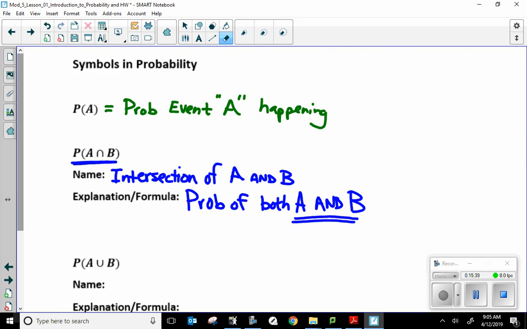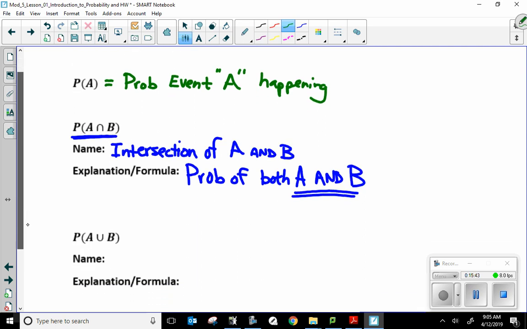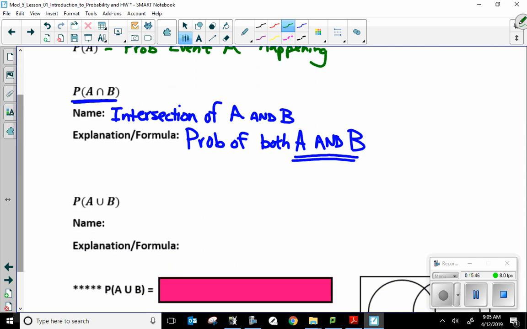Bang. Now, here's a little tidbit. Sometimes in a problem, they will tell you the probability of A and B happening is 0.40, whatever. But sometimes they only give you a number to represent the probability of A, and then they give you a separate number to represent the probability of B, okay? For intersection, that's a symbol here, which is and, both happening, okay?